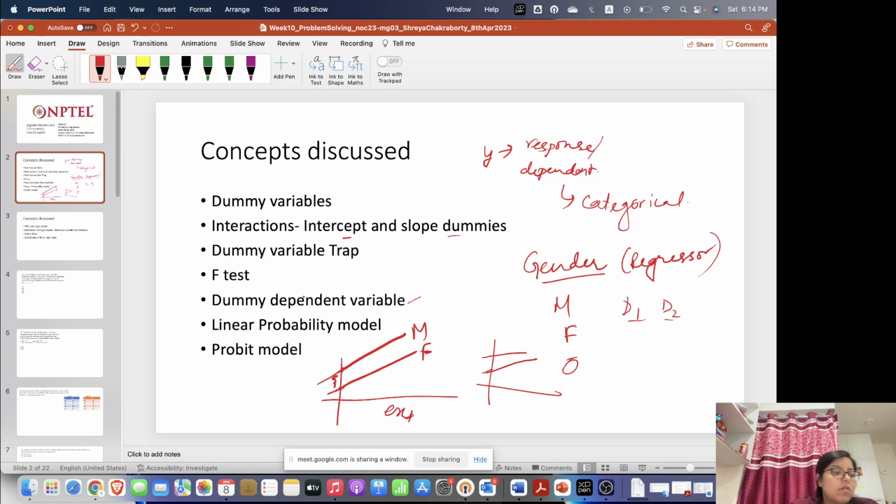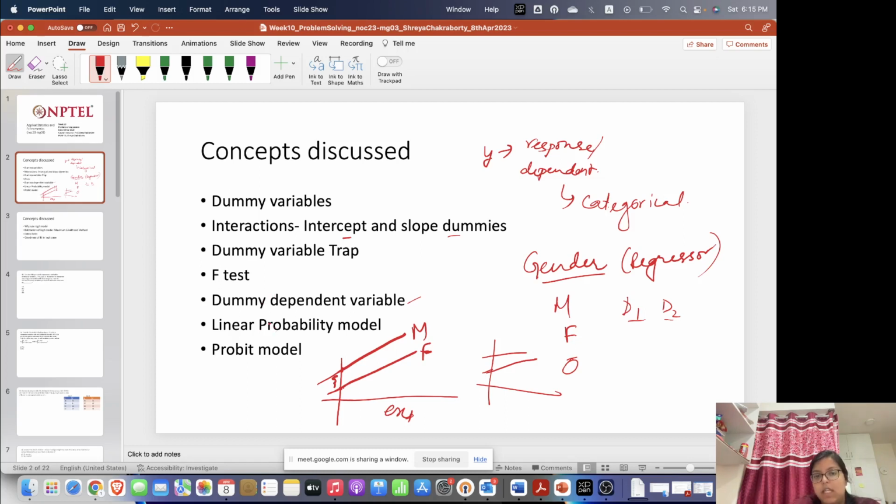Also we learned how to use the f-test to truly judge whether we need separate regression lines for separate categories of a categorical variable. For those situations we would use the restricted versus unrestricted framework, and using the f-test we would go for testing.